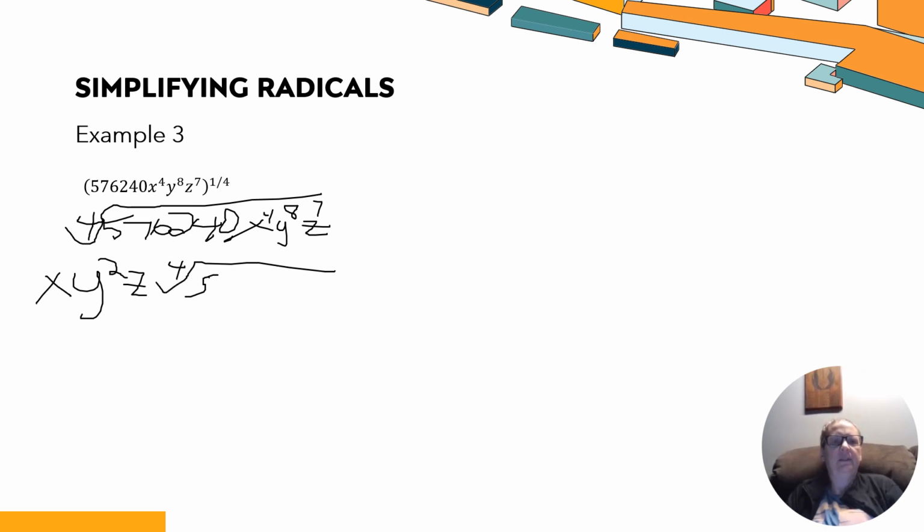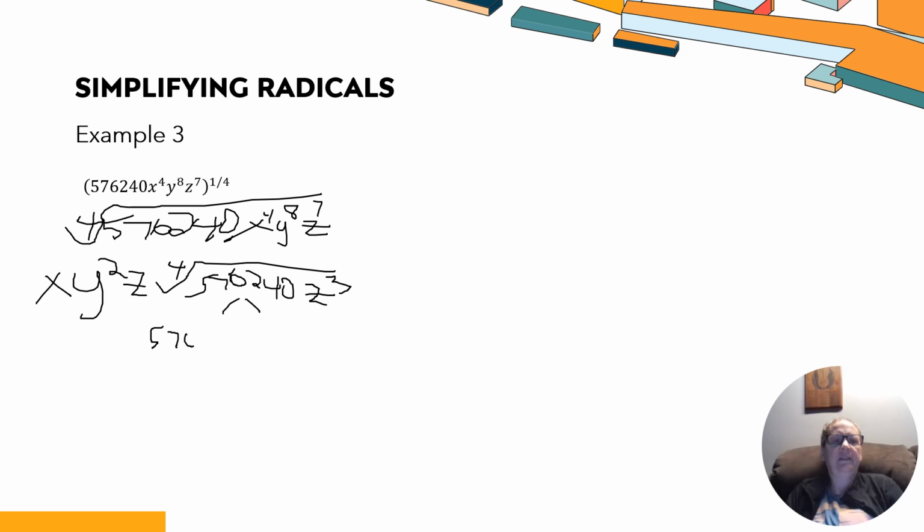And then on the inside, I still have this big number, so I'm going to copy that. So just excuse me while I do that. 576,240. So 7 divided by 4 was 1 with a remainder of 3. So z to the third stays on the inside. So now all I have to do is simplify this big old nasty number. So I'm going to start dividing by 10 because that seems very easy to me.